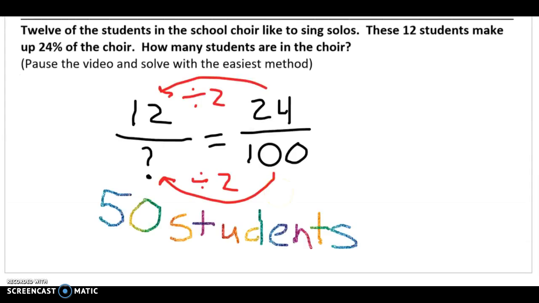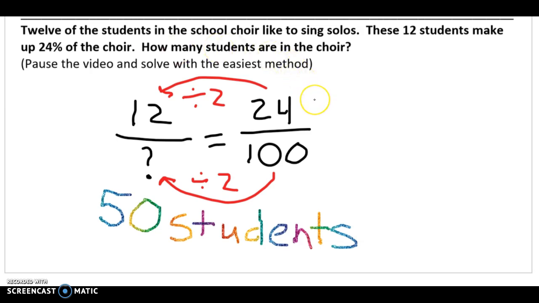So when I set up a proportion of 12 students make up 24% of the choir, that means that 12 students is my part because 24% is the part. My unknown is the students in the choir. How many total are there?